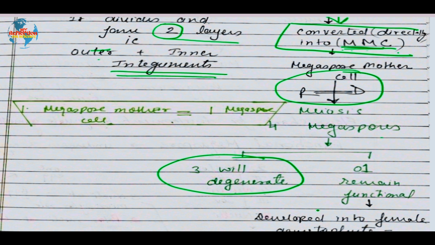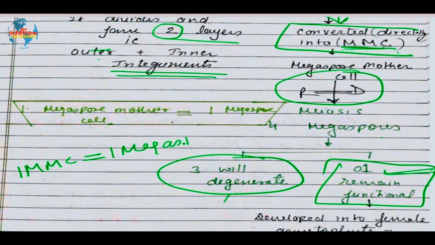Why will 3 degenerate? Because ultimately we need just one female structure, which is always one in human beings as well as in plants. We need just one functional megaspore and the rest 3 will degenerate. With this, the megasporogenesis is over. At the end of megasporogenesis, one megaspore mother cell results in only one megaspore. Then this megaspore will make the female gametophyte later on.